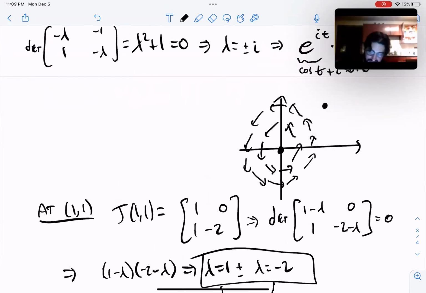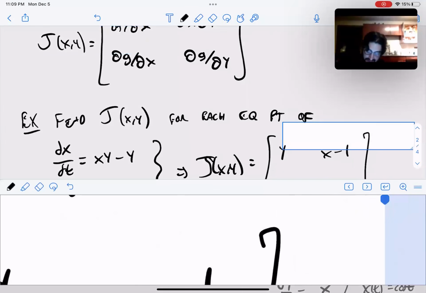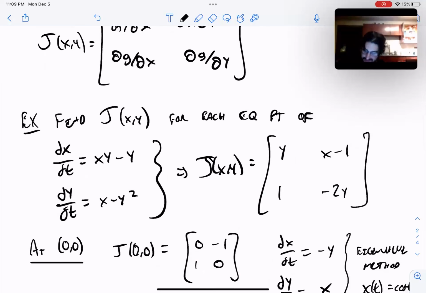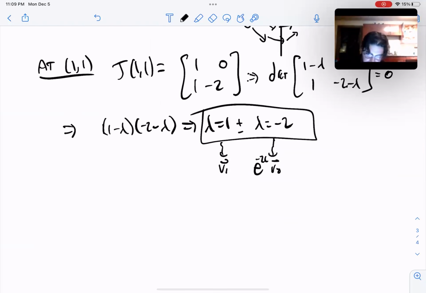So lambda equals minus 2 is going to give us an e to the minus 2t. This other one is going to give us an e to the t, right?